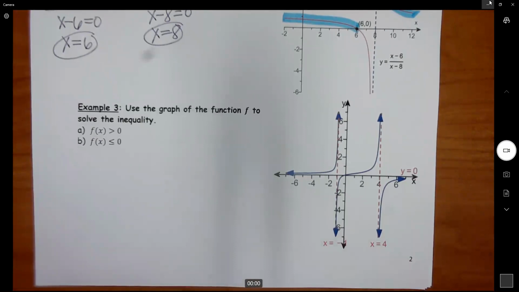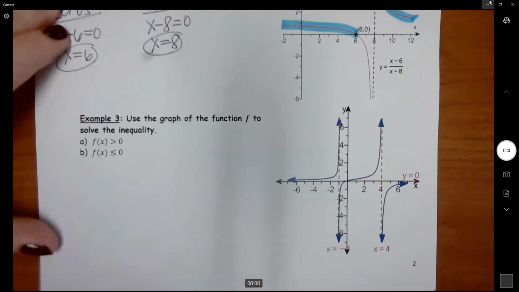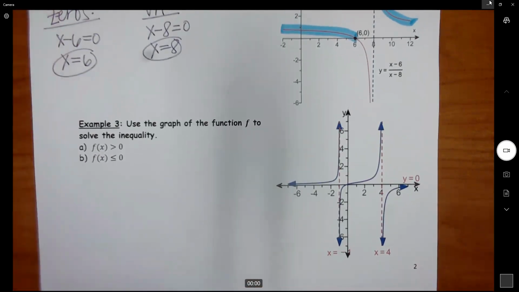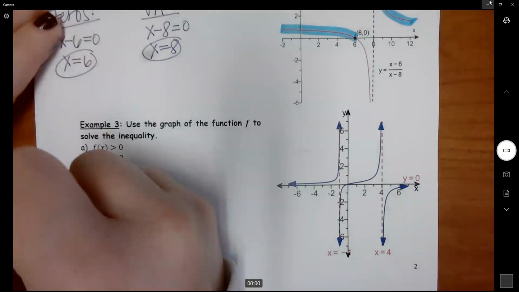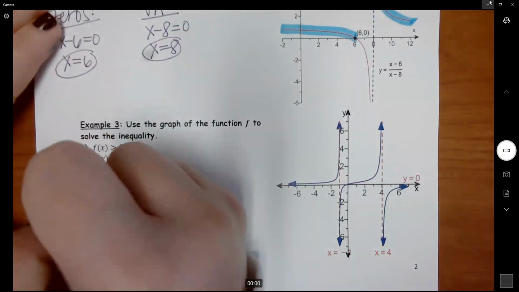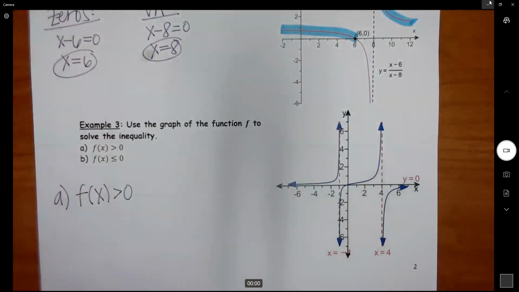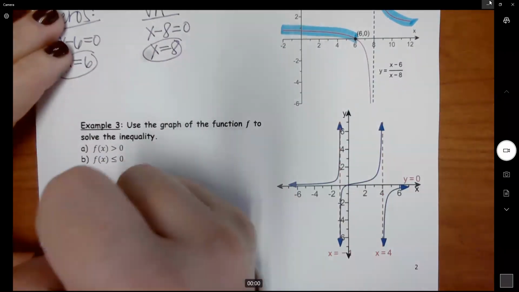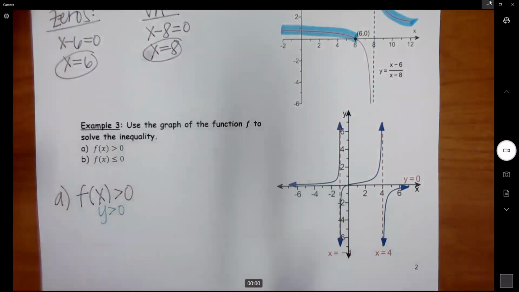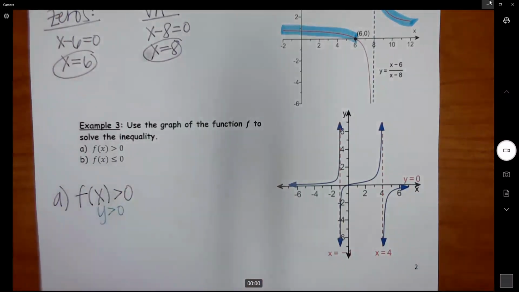Here, use the graph of the function f to solve the inequality. So the first one I need is when f of x is greater than 0. And we remember that this is just another way to say when y is greater than 0.